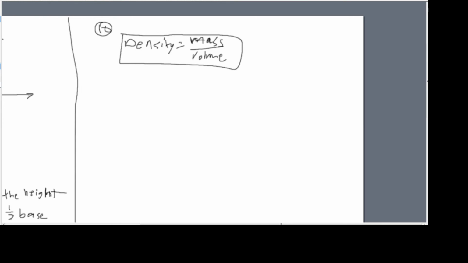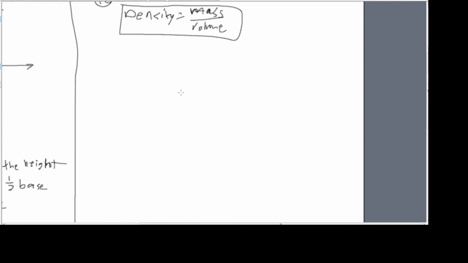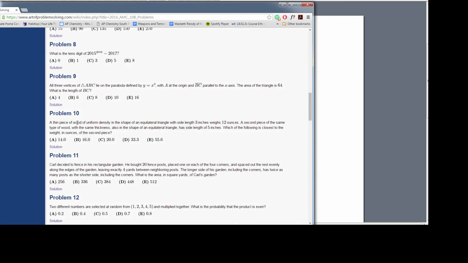I mean, if you kind of guessed that it's just the area and the relationship of the area, then I guess you could work it out, but this is a better way to make sure that you do it right. So now they have the same density because they're the same piece of wood, so obviously they're gonna have the same density.